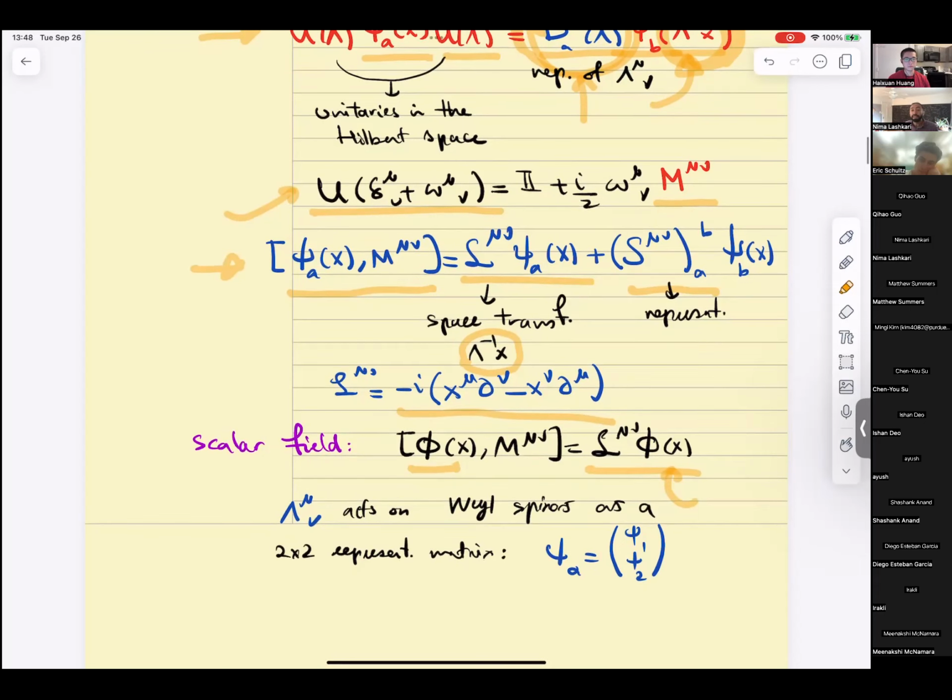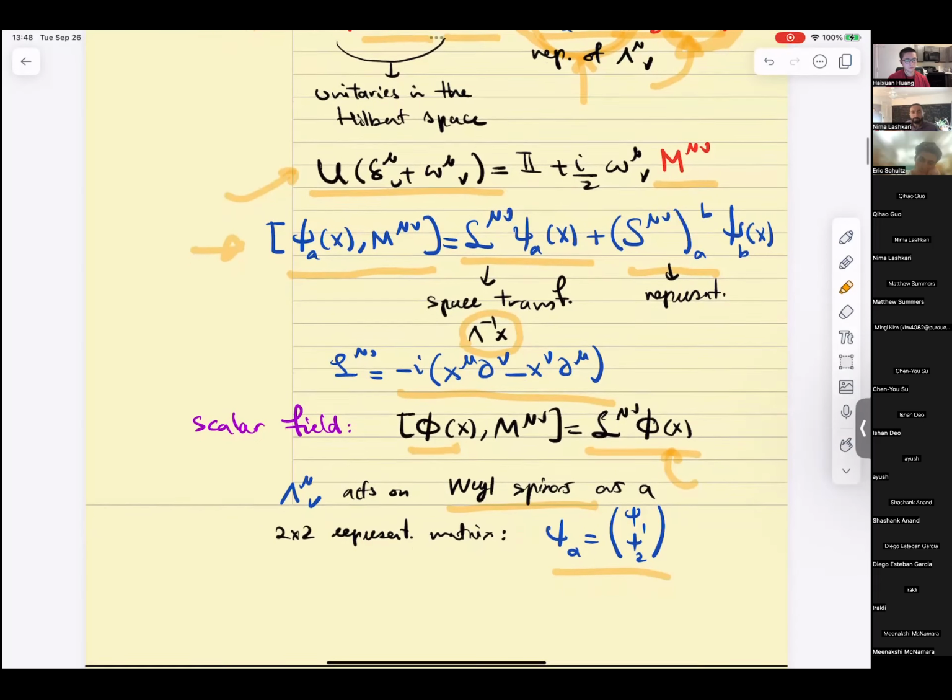So with that said, we want to focus on how Λ^μ_ν Lorentz transformations act on Weyl spinors, say left Weyl spinors. Because Weyl spinors are two-dimensional representations, we're going to talk about 2x2 matrices.